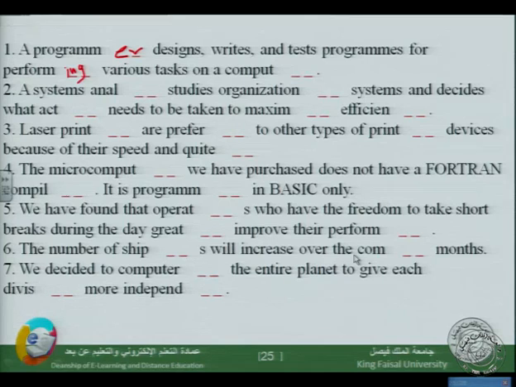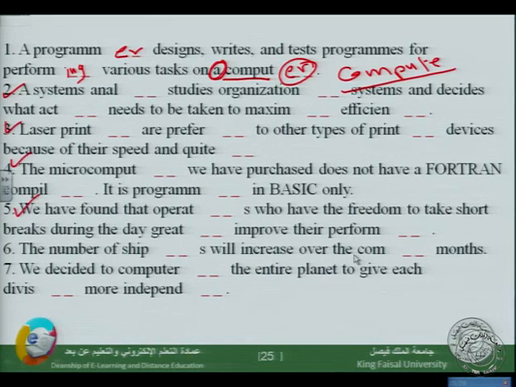For performing various tasks on a computer. Why did we add er here? Because this is a noun. We didn't do compute, which is a verb, it must be computer. How did I know it's a noun? Because it was preceded by a. Okay, do number 2, 3, 4, 5 and 6.